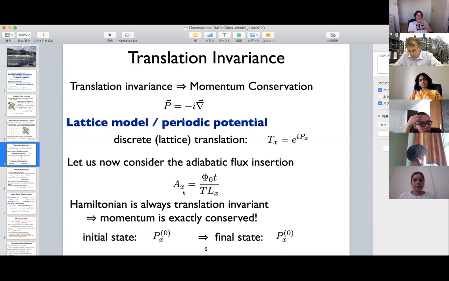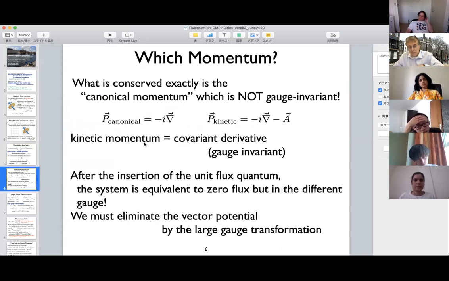This is a bit confusing, but we have to be careful that momentum can mean different things. In the previous slide, what I introduced is basically canonical momentum, so to speak. But often we consider kinetic momentum, that is minus i times the derivative minus the vector potential.